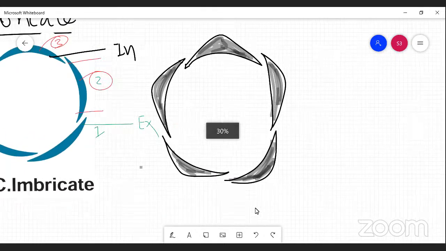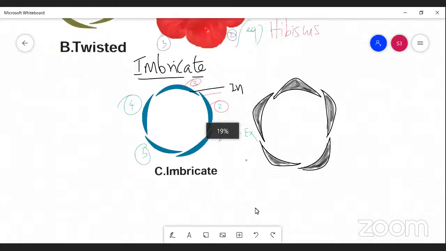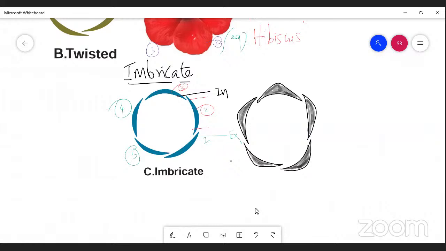You can compare the diagram given in the textbook with the diagram I have drawn. It is a diagrammatic representation of the arrangement of sepals and petals. So that is called the imbricate distribution, right? I'd like to give an example for this imbricate distribution, ascending imbricate and descending imbricate distribution, right?